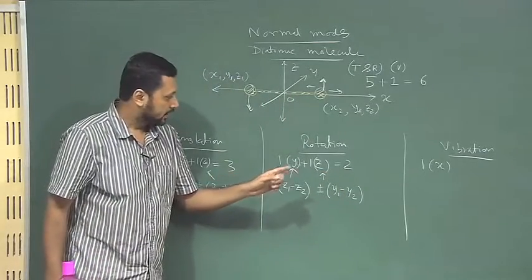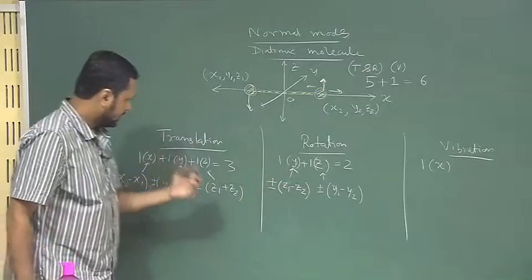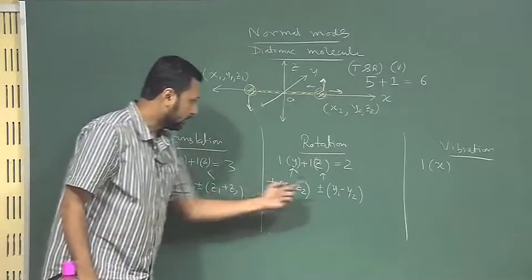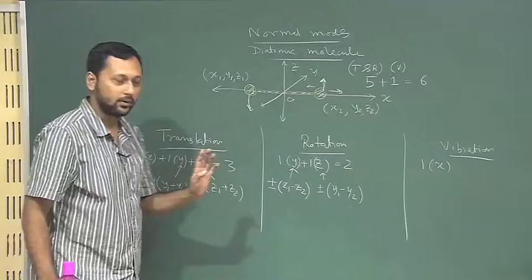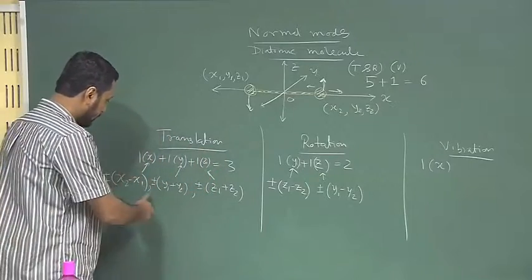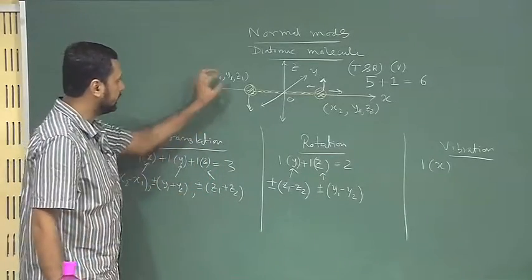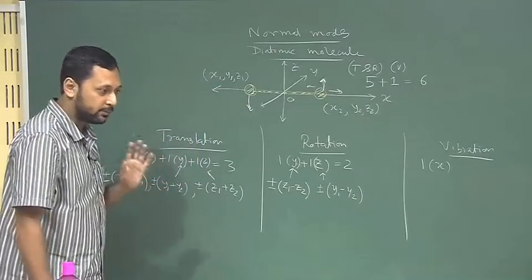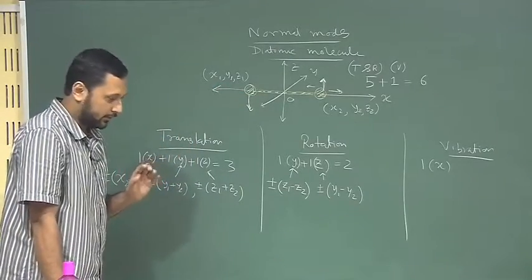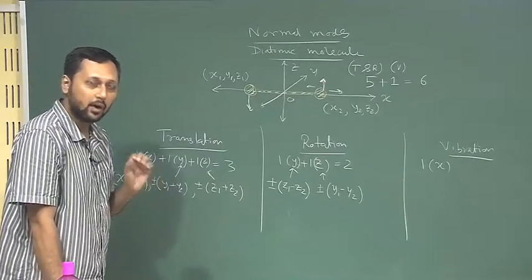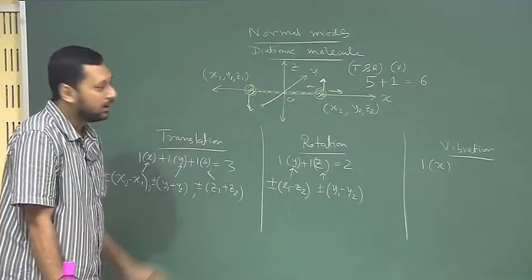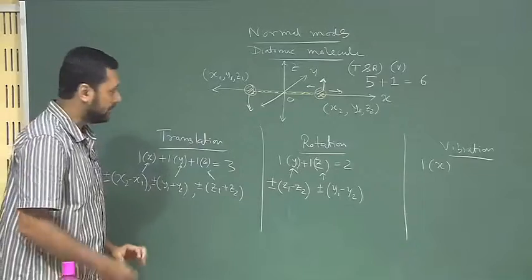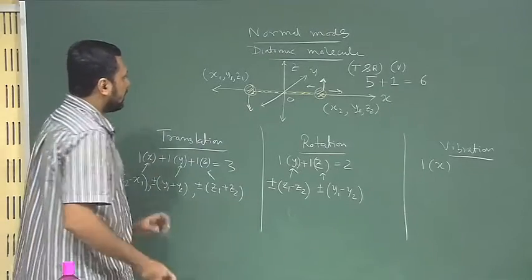Okay. So, we have 1, 2, 3, 4 and 5 coordinates already, which are combinations of these original x, y, z coordinates, and which will purely be responsible for one of these possible motions. Similarly, for the last one, which is the vibration, see what happens in a vibration.